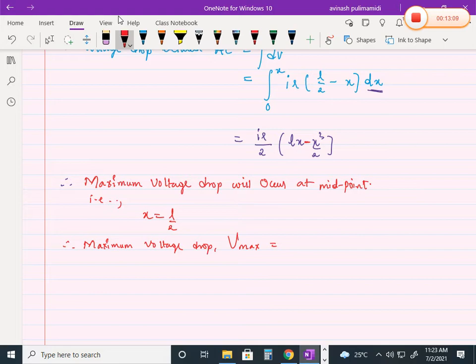Open the bracket here: l into l by 2 minus (l by 2) whole square divided by 2. Is that clear for everyone?